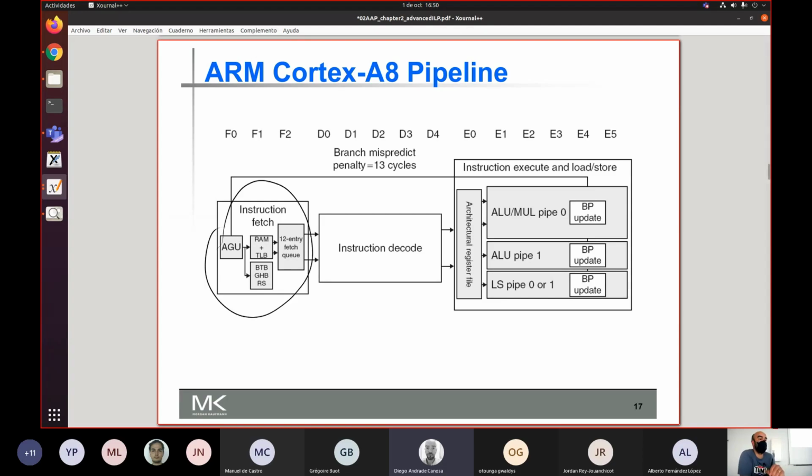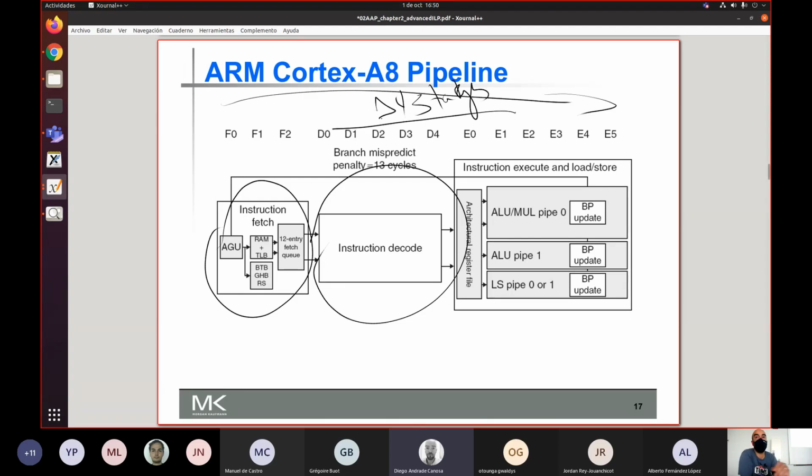And then in the execution and memory stages, we find many different paths that can be followed by different instructions. Okay? And this is the pipeline of an Intel Core i7.